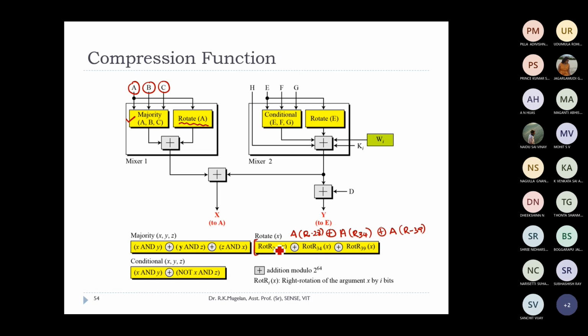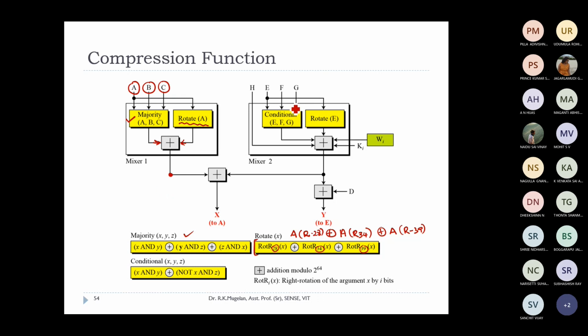These numbers, 28, 34 and 39, are fixed for all the 80 rounds. So whenever I say rotate A, all these three operations happen and the XOR is done. Majority happens like this. The output you get here is XORed, and the output is taken as the output of mixer 1.